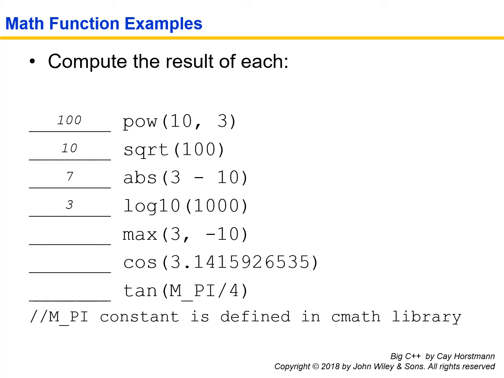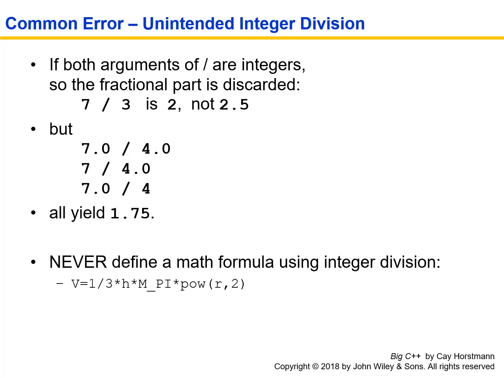The maximum of 3 and negative 10 is 3. The cosine of pi is negative 1, and the tangent of pi over 4 is positive 1. The M_PI constant is defined in the cmath library, and I told you how to activate that earlier in this presentation.